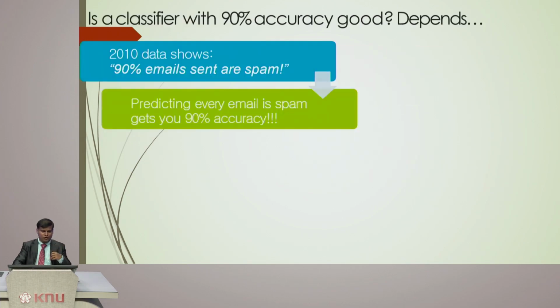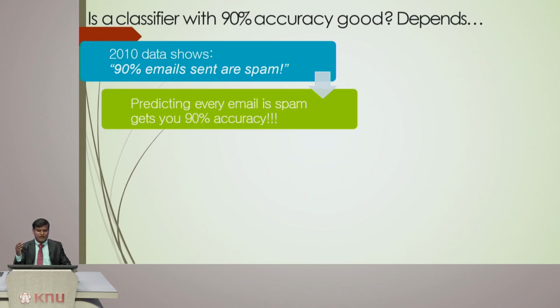So how do we determine this? Is a classifier with 90% accuracy good? Not necessarily, it depends. For example, one data set shows that 90% of emails sent at that time, in 2010, were spam.